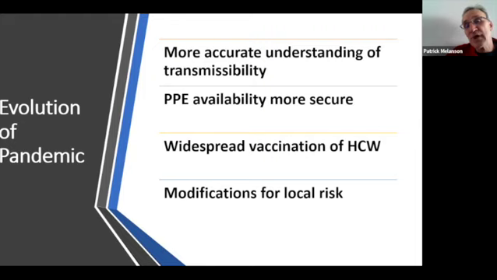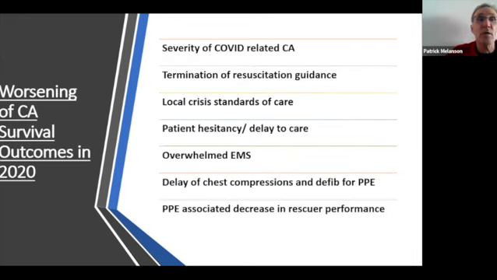I remember the first couple of months, every weekend there would be some sort of emergency meeting in the hospital with a fear that we wouldn't make it through the weekend with an adequate PPE supply. There's now widespread vaccination of healthcare workers. Obviously some places are going to be much higher risk than others, and you should modify these general guidelines based on your local risk.